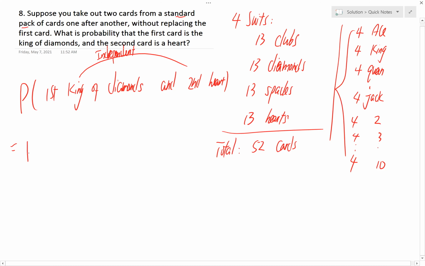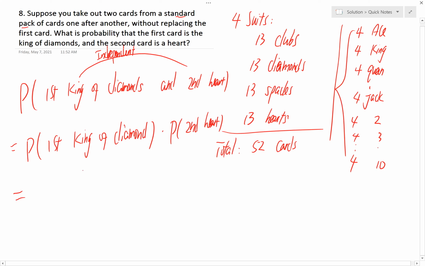So you look at getting the first king of diamond. Second is a heart. And those 2 events, they are mutually exclusive, meaning they do not have intercept. So first king of diamond, we only have 1 king of diamond, so it's 1/52.